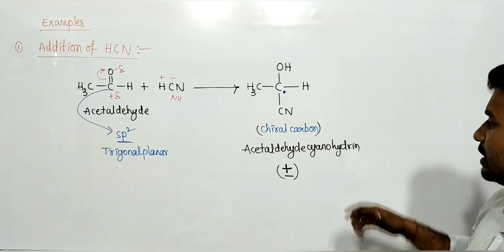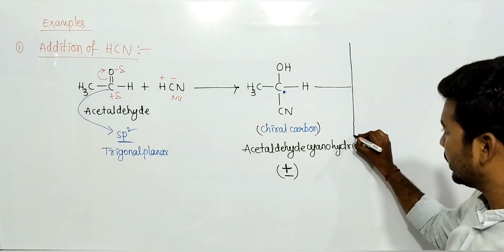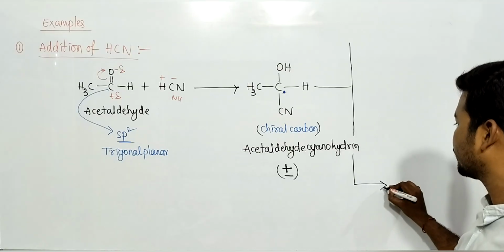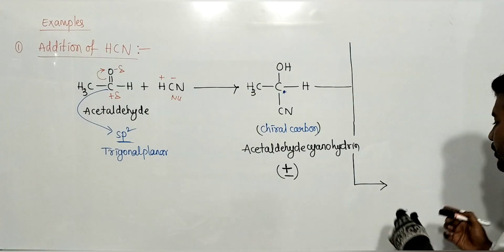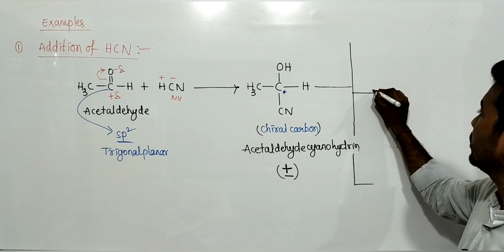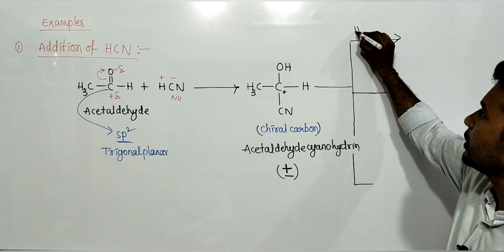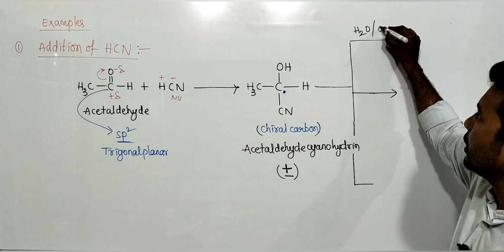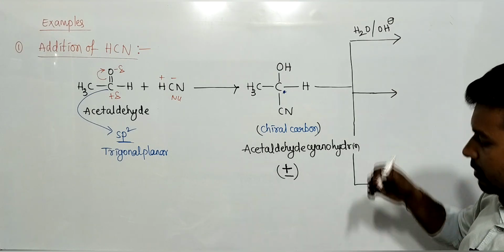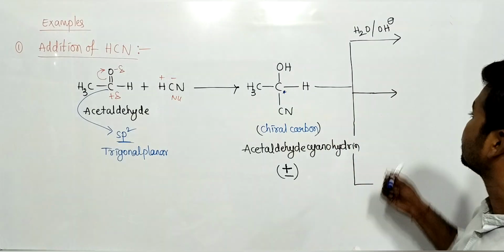Okay, right, this cyanohydrin. From this cyanohydrin, we get three types of products. If it is partial hydrolysis, it takes place in presence of base.